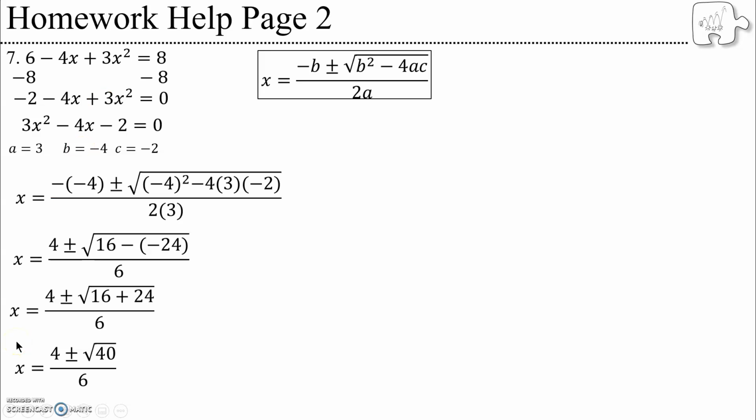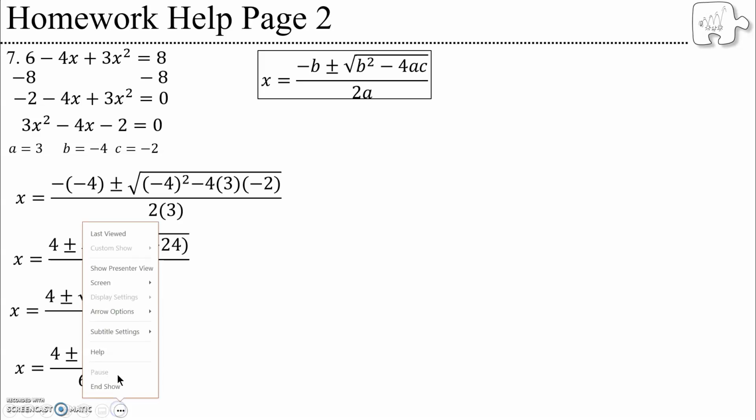But if you want to figure out the decimals, we can go on our calculator back to Desmos.com.